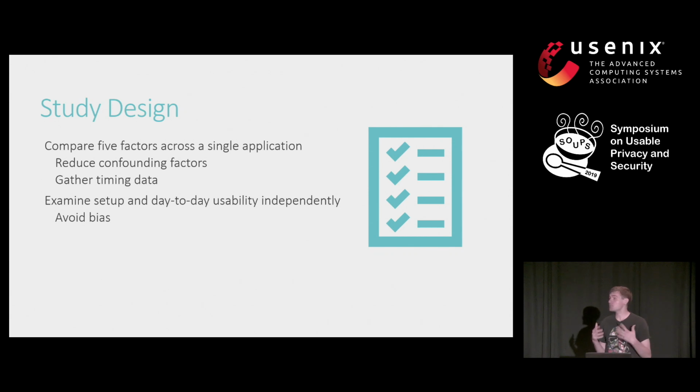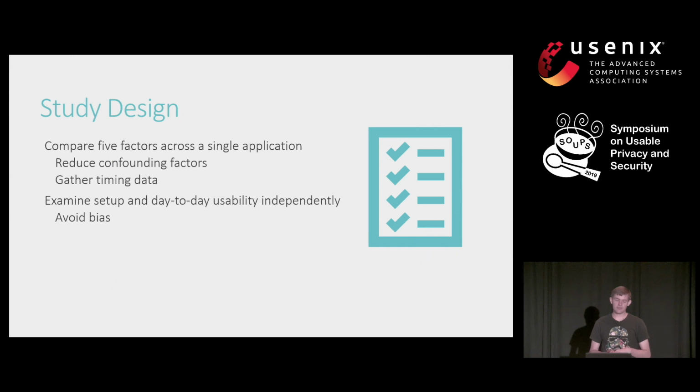Building on these previous studies, we designed a study to compare 5 factors across a single application. Using a single application helps reduce some of the confounding factors that come when you're trying to compare one second factor on one application with another on a totally different application. This also allowed us to gather timing data so we could see how long it took the users to authenticate with their second factor.